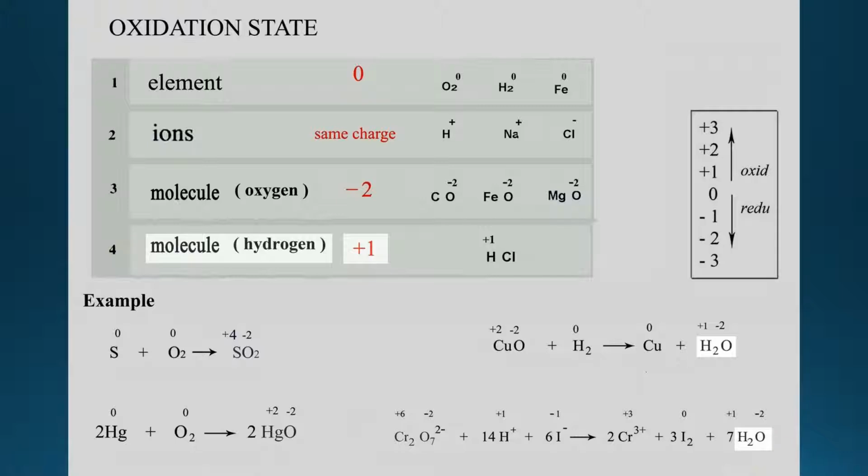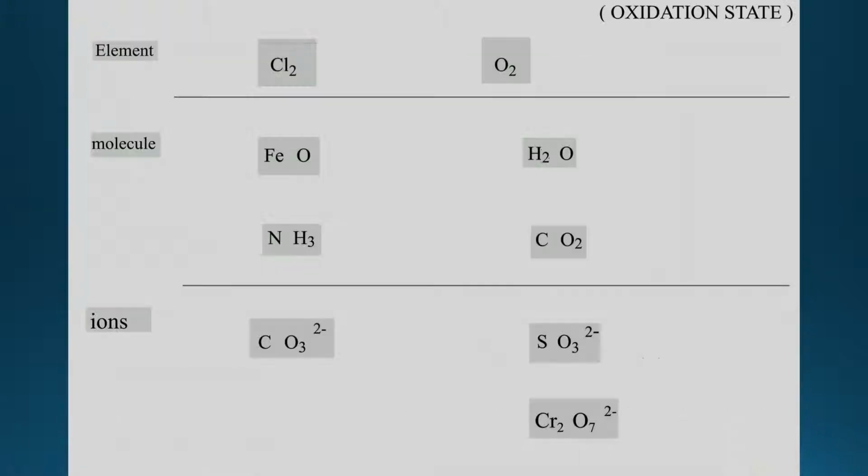That's all the oxidation state rules. So, students, you are required to know these oxidation state rules plus the one that I showed you. Here, some practice. Now let's practice.